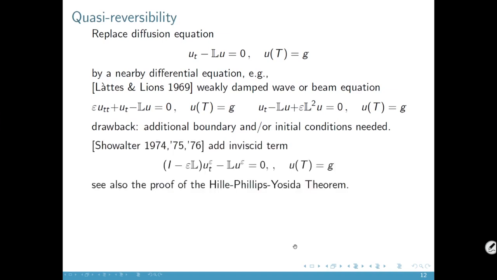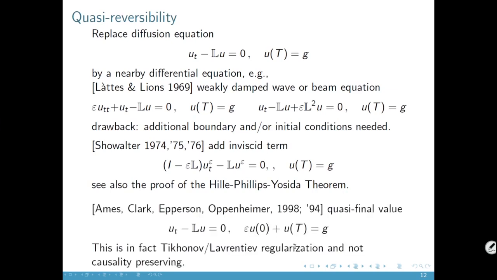Another instance is this one here, investigated by Ralph Showalter, which might look familiar to you because it's actually the regularization that is contained in the proof of the Hille-Phillips-Yosida theorem. And it's used really for regularizing this backwards inverse problem. There's another way of doing it, looking back up here, by adding a tiny little bit of U0, the unknown U0, in the final condition.